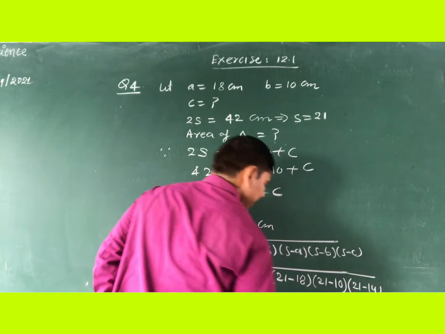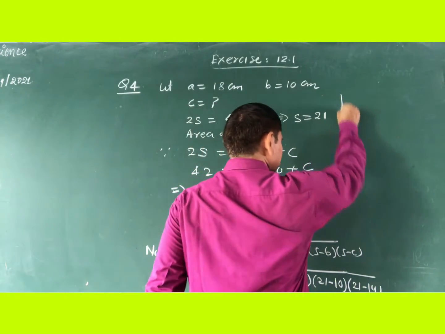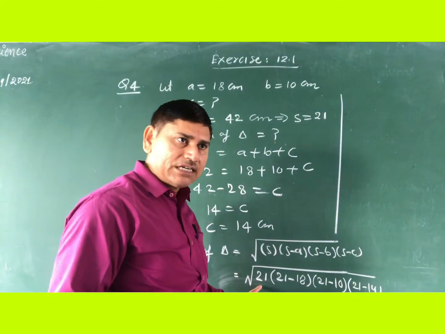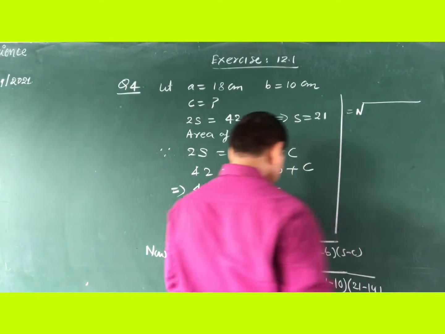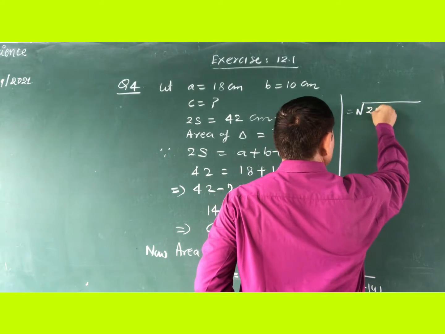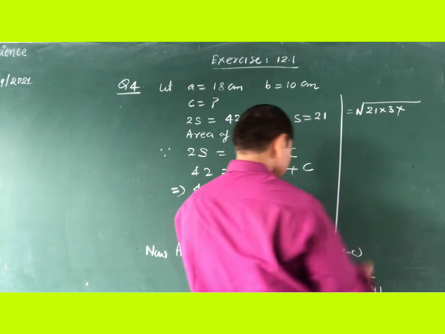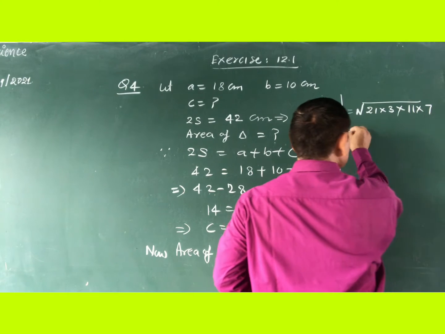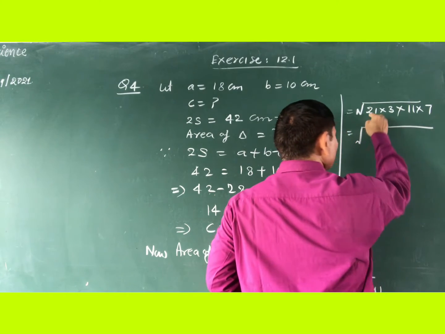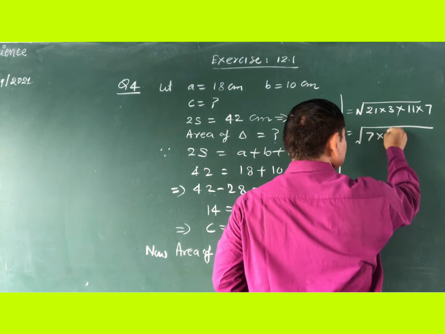So after subtraction you will write under the root 21 into 3 into 11 into 7. Yes, correct. And you can factorize this 21 as 7 into 3.